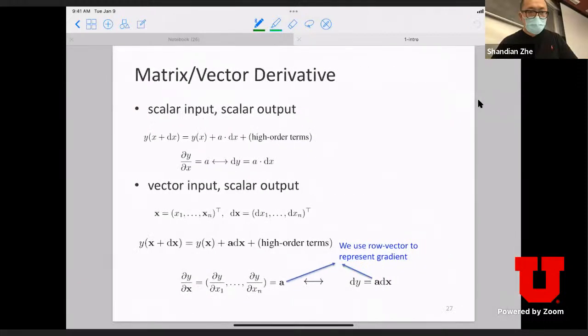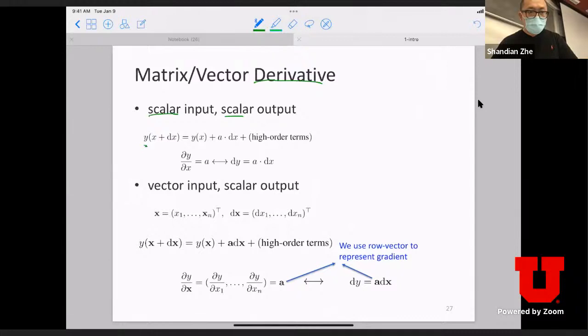Now let us look at the definition of matrix and vector derivatives. It is defined very similarly, almost the same as the scalar case. From my point of view, it's more intuitive to explain with Taylor expansion. For the most ordinary case, suppose you have a scalar input and a scalar output, so the scalar y is a function of x.